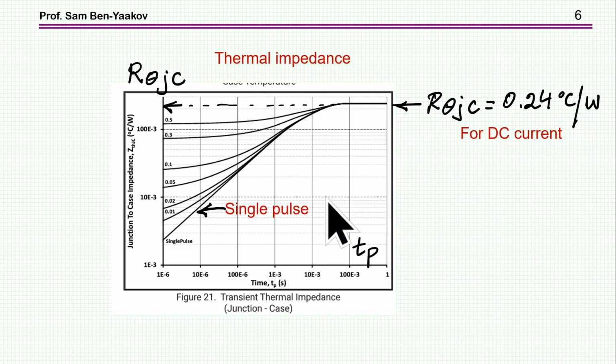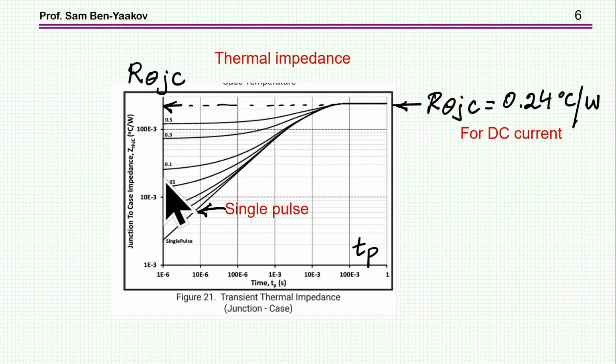not long pulses, for example, 100 microsecond, we are at this point. And at this point, we have a certain value, okay? So this would be like 10 to the minus 3, 0.03, okay? So this will be the value here. What does it mean?